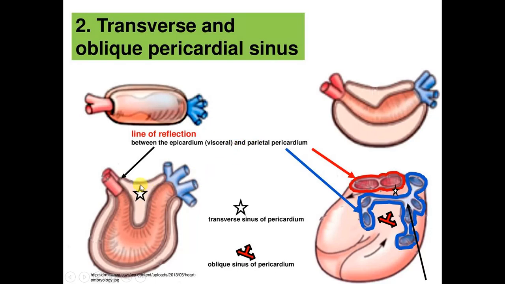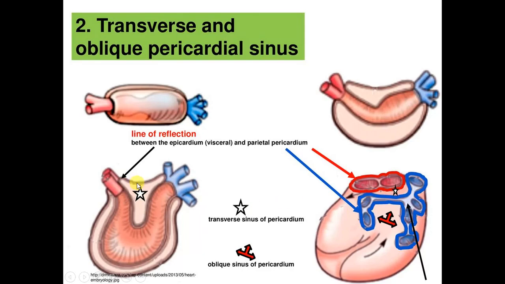Here we see that when the heart tube folds, it produces a fold between the great vessels, the pulmonary trunk and the aorta, and the inferior part, where the pulmonary veins and atrium are.